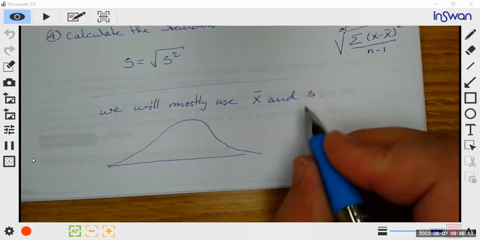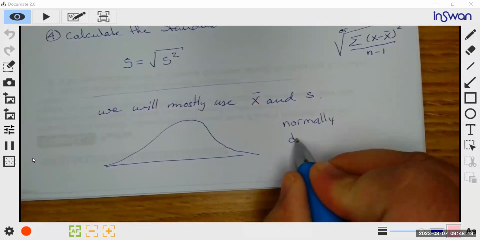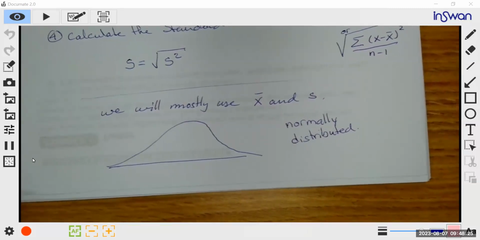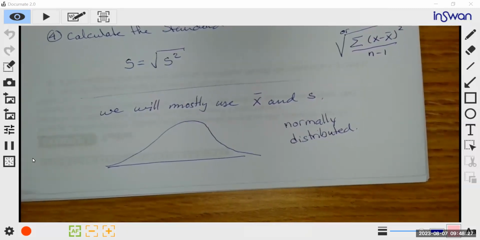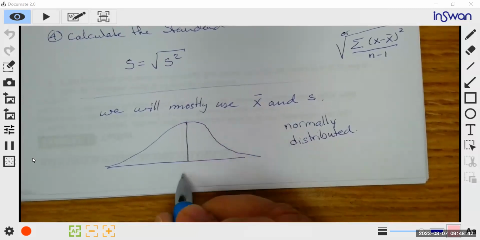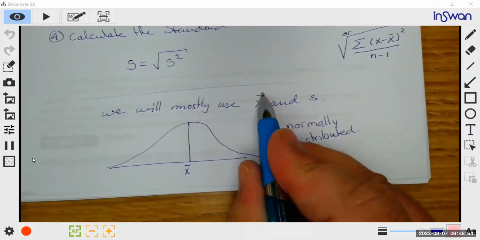Whenever we want to refer to the bell curve, we say something is normally distributed. The middle of your bell curve is your mean. So that's the X bar.